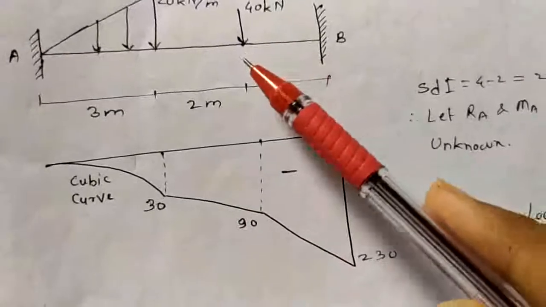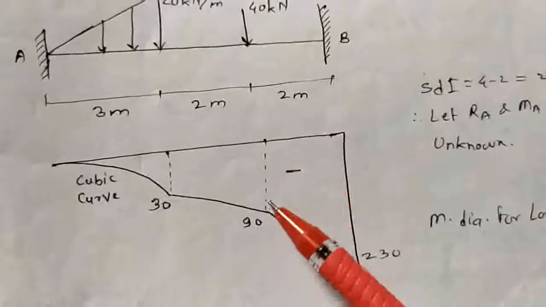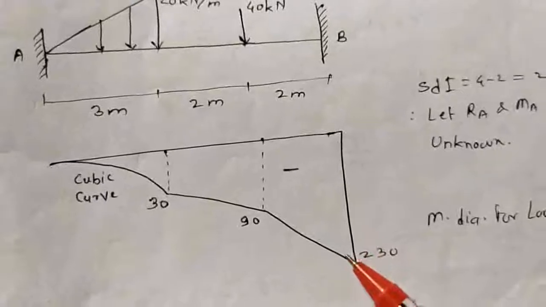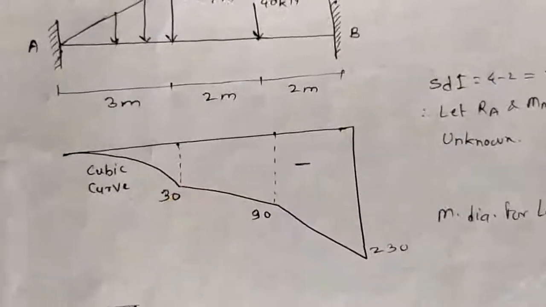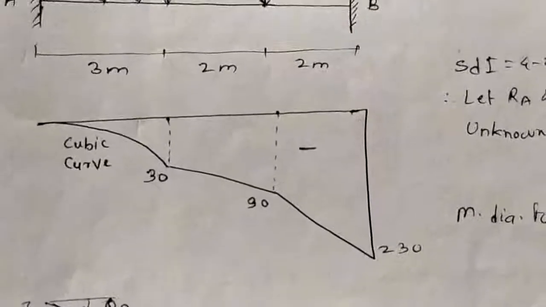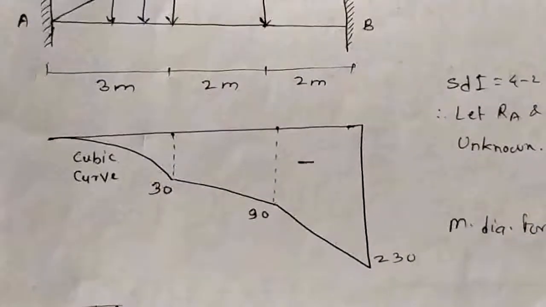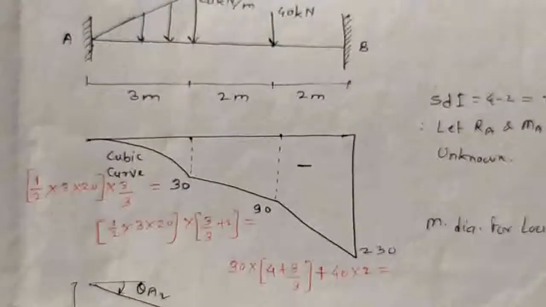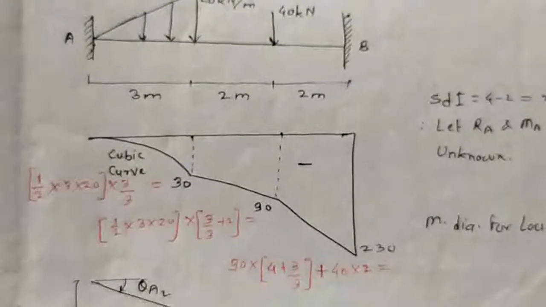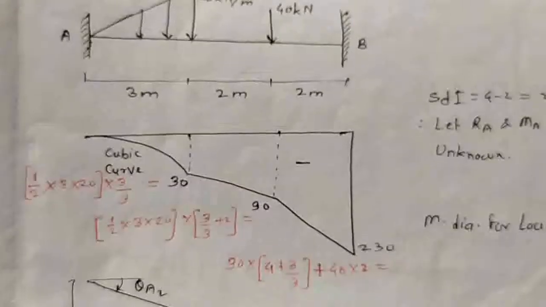Next, from this point to this point there is also no loading, so this is also a straight line. So this is a straight line, this is a straight line, and this is a cubic curve. Likewise I have drawn the bending moment diagram. Here I have shown the calculation of how I have drawn the bending moment diagram.